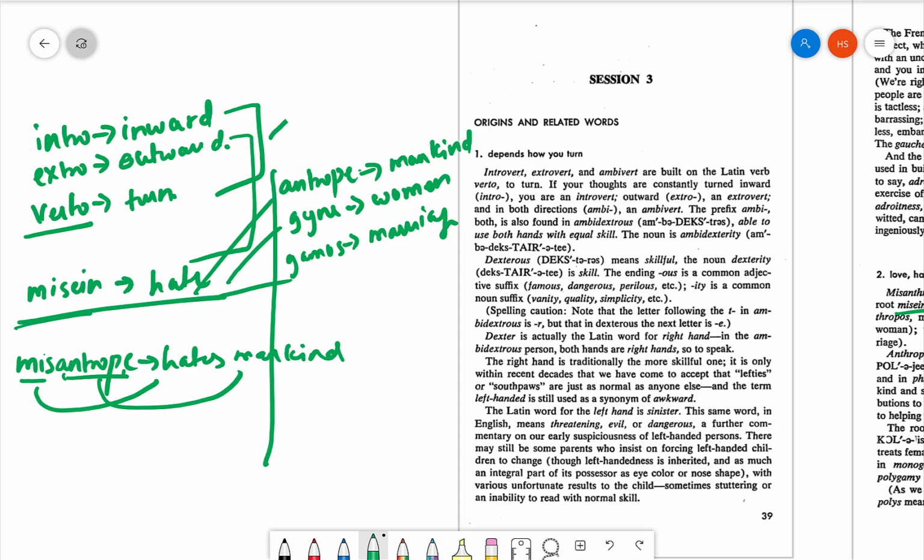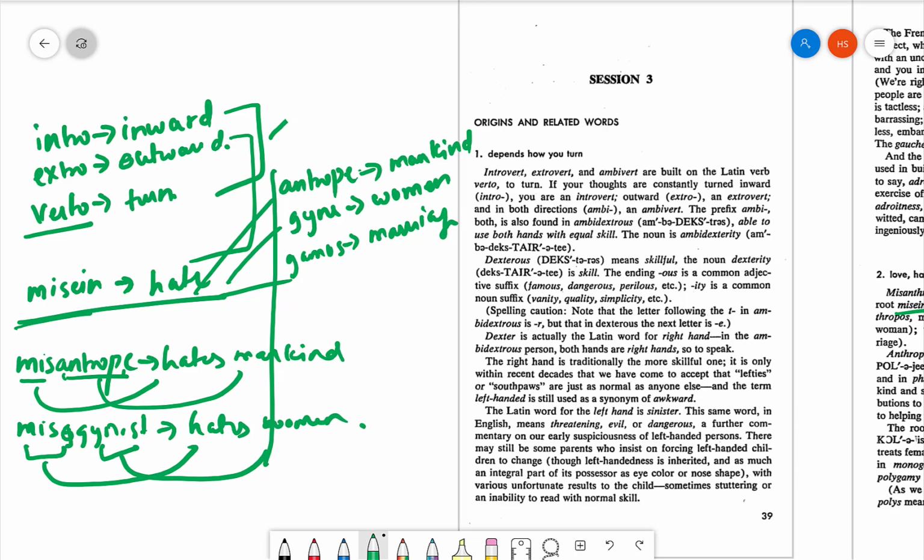Then the second word, misogynist, the person who hates women. The third word, misogamist, the person who hates marriage. Amazing, easy to remember. Good.